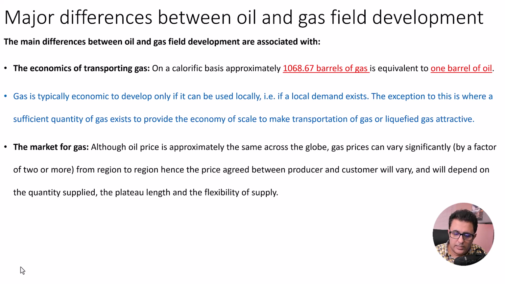In other words, if we burn 1 barrel of the oil, the energy that is produced is equivalent of about 1,000 barrels of gas. So we have to burn 1,000 barrels of gas to produce the energy that is released from burning 1 barrel of oil.